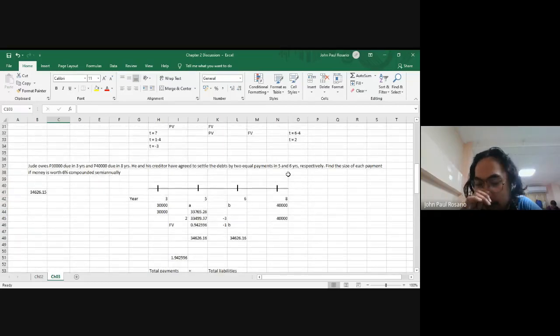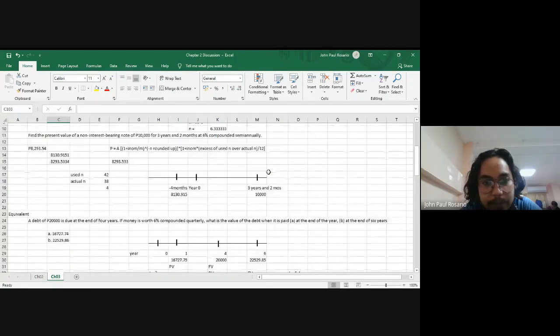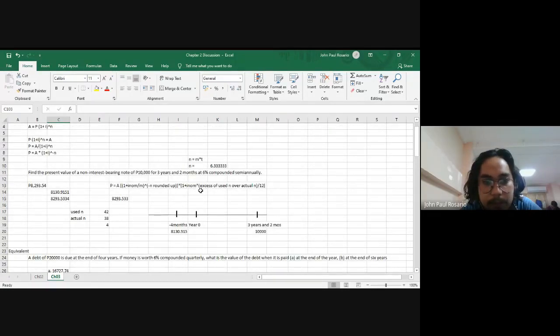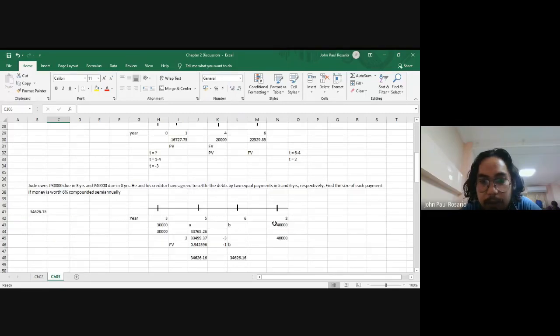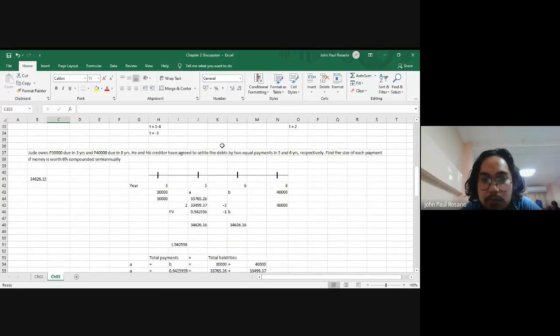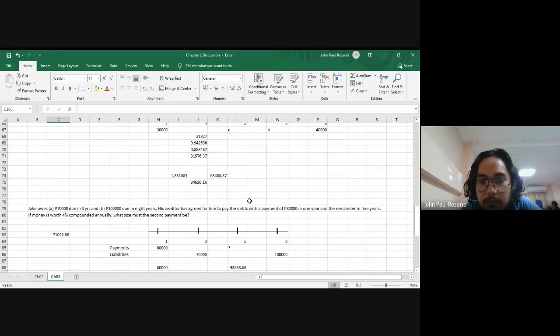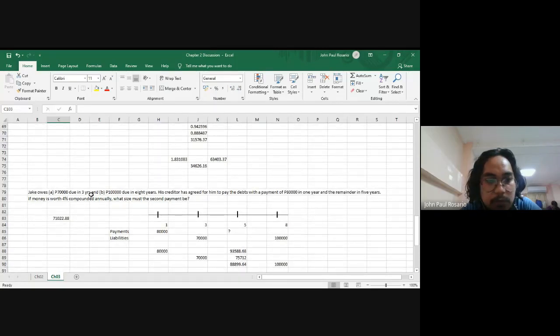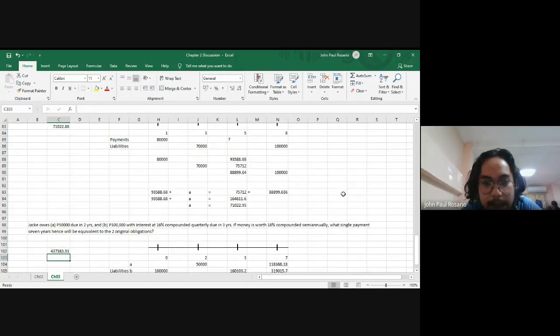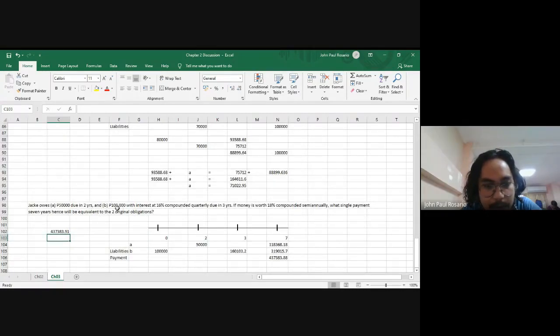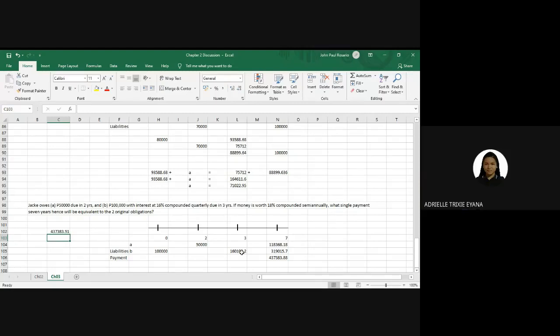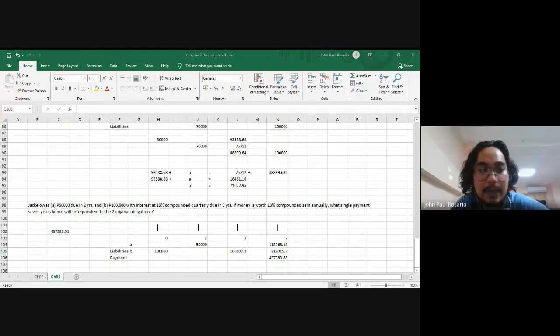Actually, it's very easy to identify. The amounts with due dates are your liabilities, and the ones labelled payment are the payments. In this second example, there is a due payment, and then the remainder in 5 years, so that is a payment stream followed by a single payment. Okay, thank you.